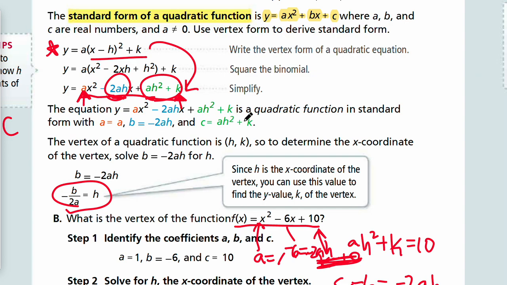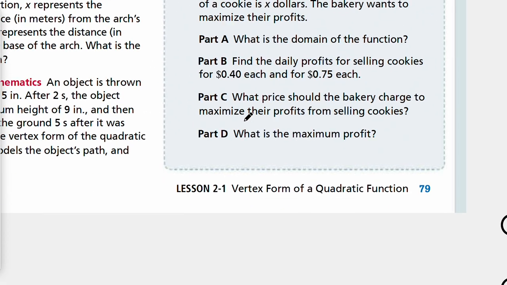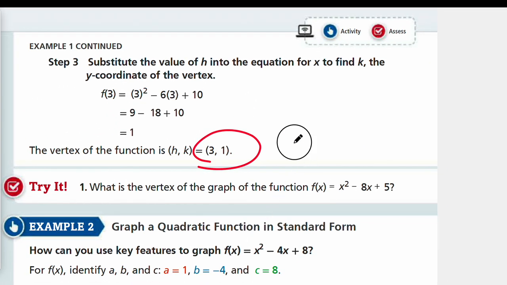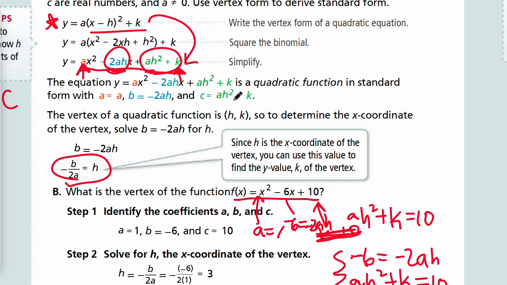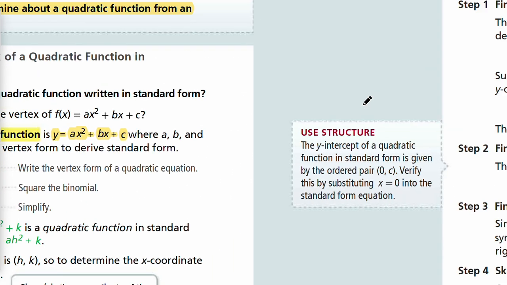So your h is simply negative b over 2a. Your a is equal to 1, b is equal to negative 8, and c is equal to 5. And remember that your c is also ah squared plus k.